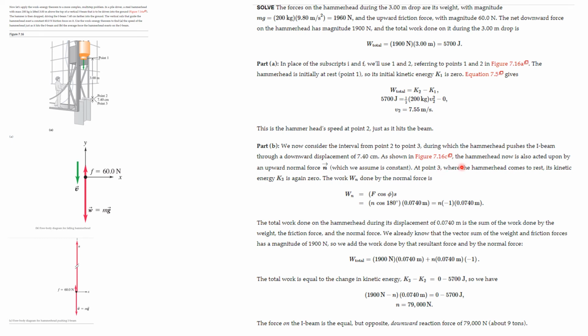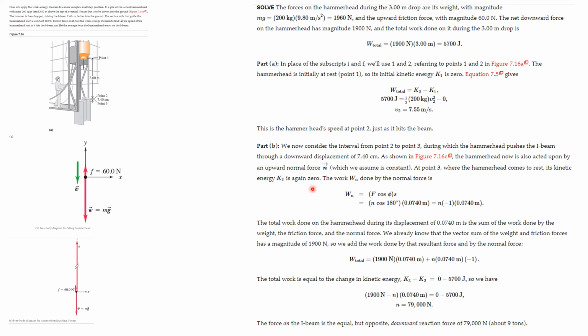The hammerhead is now acted on by not only the forces that we talked about before, but there now is an upward normal force, and this is constant, and this is what the I-beam is pushing back because it's resisting being driven into the ground.